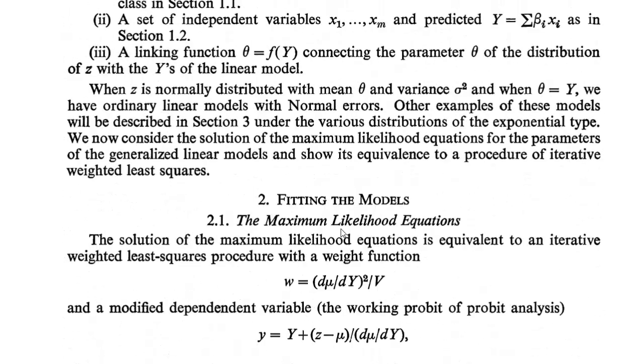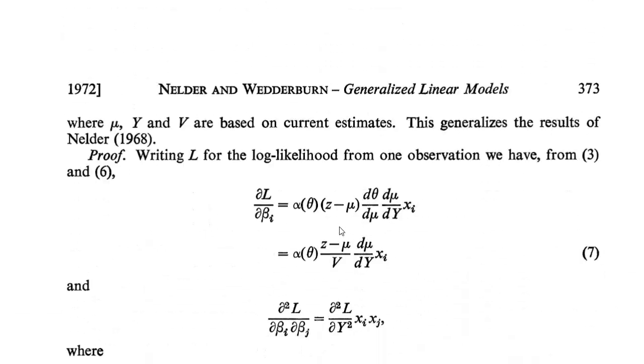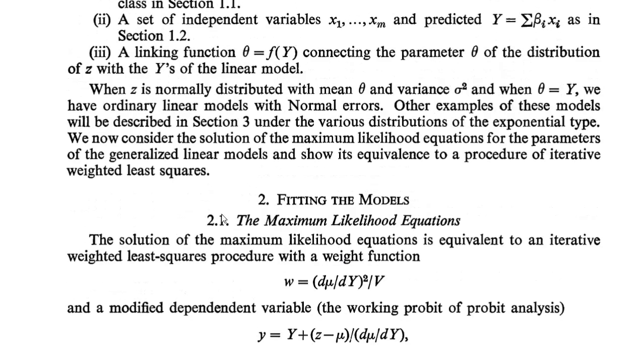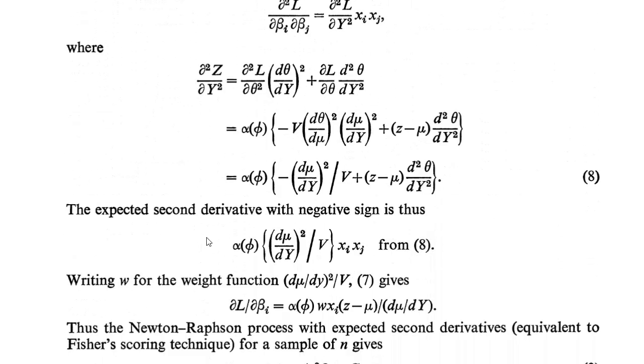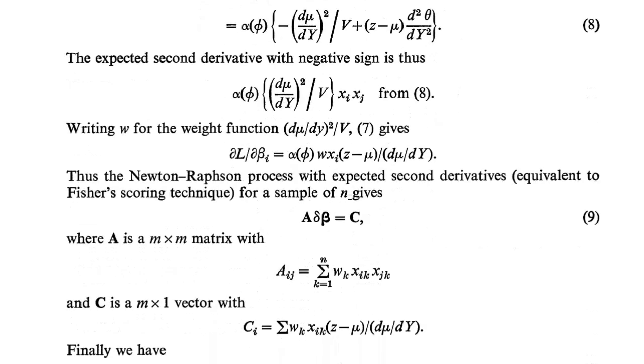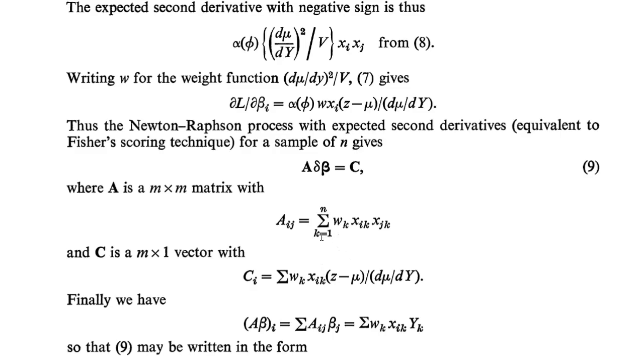Later, as I continue reading, down here in section 2.1, they do talk about a sample of n, right? And they're using the subscript k to go from k equals 1 to n.